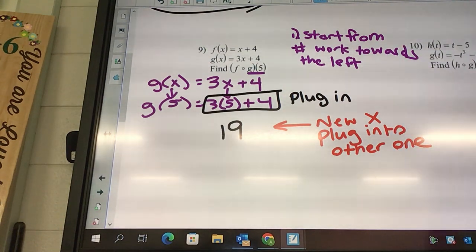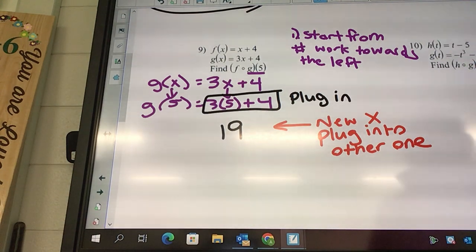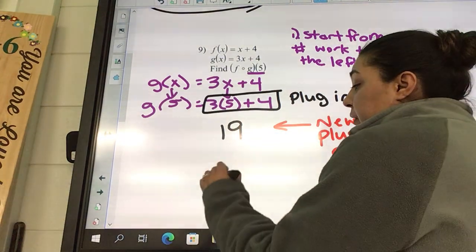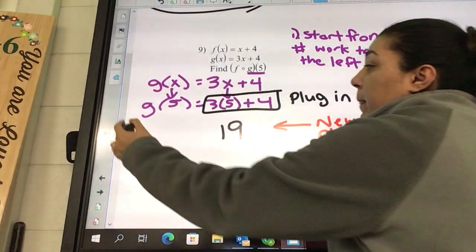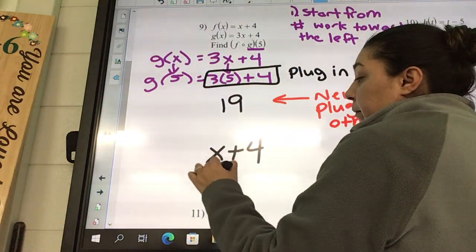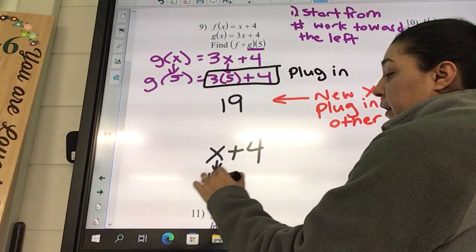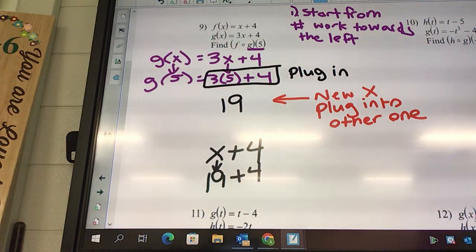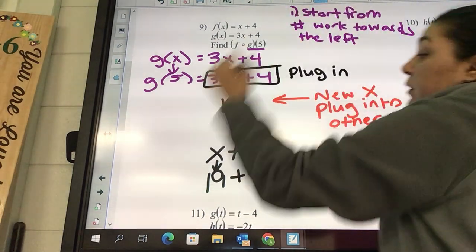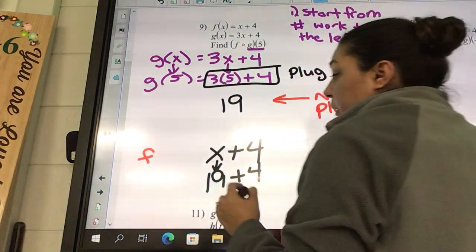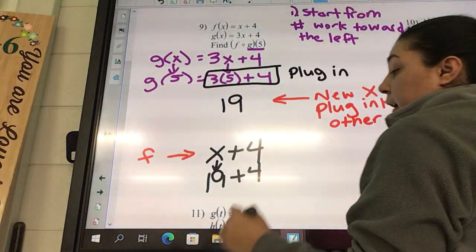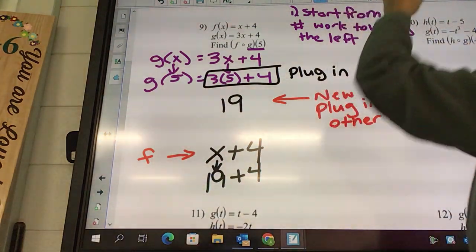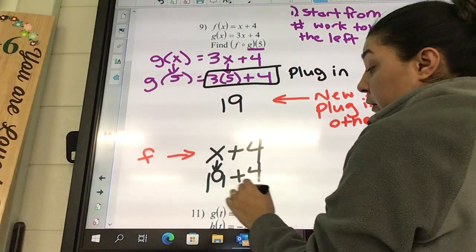What is the other one we haven't used yet? The f, x plus 4, and we're plugging in 19. 19 plus 4, and that's going to give me 23.